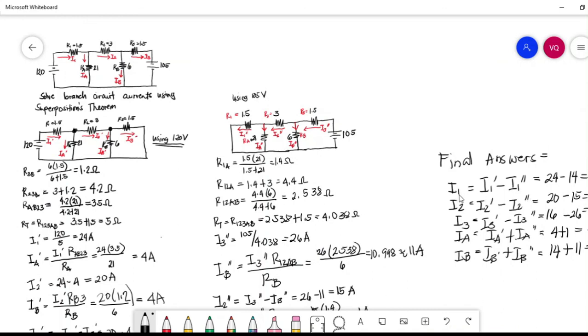So I1, our reference is our original circuit. It is going to the right, and I1 prime is going to the right. They are in the same direction, so kaya naging positive si I1 prime. I1 double prime is the opposite, kaya naging negative. So I1 prime minus I1 double prime equal to 10 amperes.